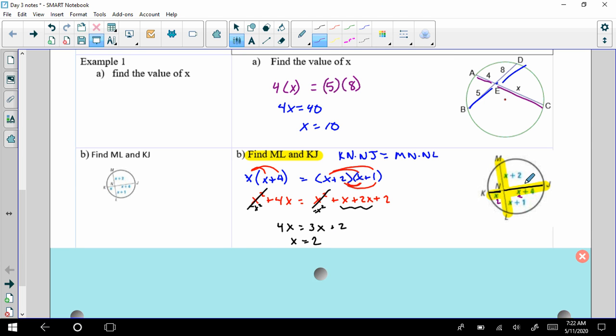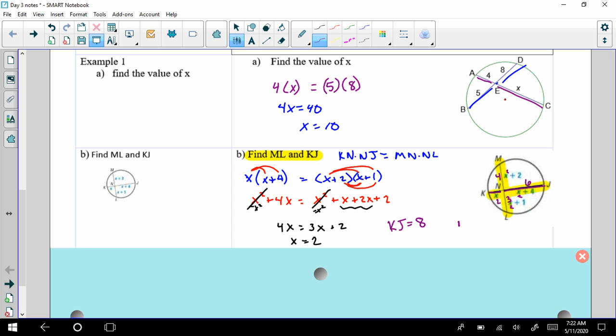So that's 2 plus 4, so that's 6. So 2 and 6, KJ equals 8. ML also equals 8, but we can check that here. 2 plus 2 is 4. 2 plus 1 is 3.